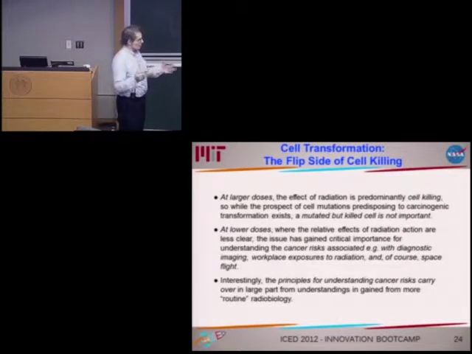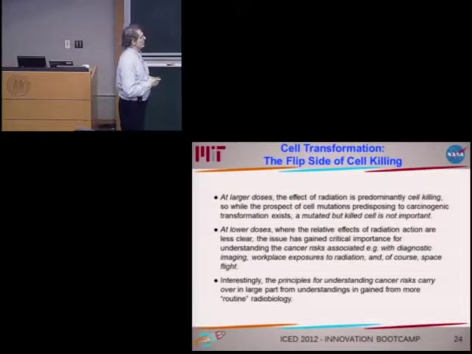And the lower doses, of course, are of interest not only in space radiation risk, but even here at home, where we're interested in workplace exposures of radiation and radon exposures and the like, where the effects are largely unknown, but certainly there is the prospect for at least carcinogenesis.